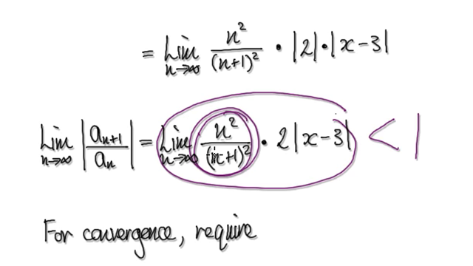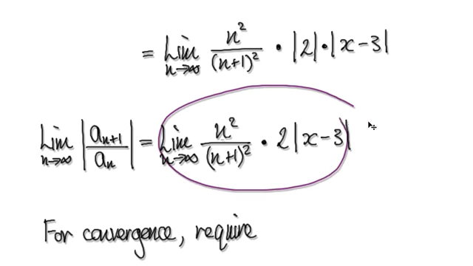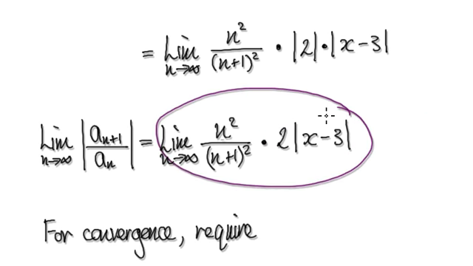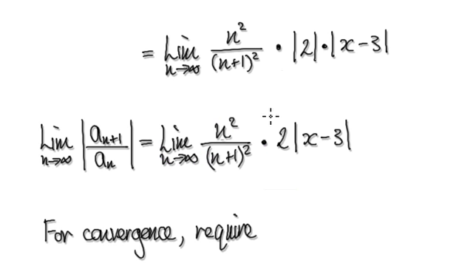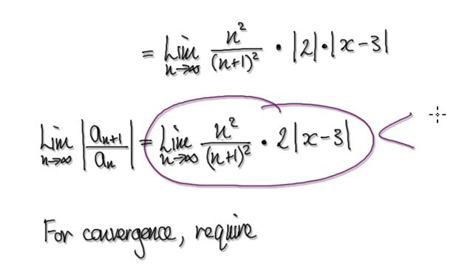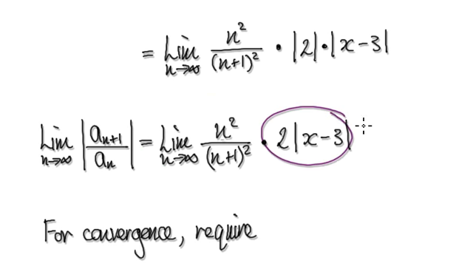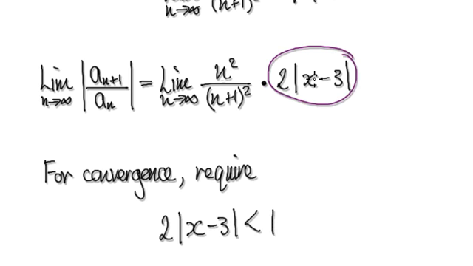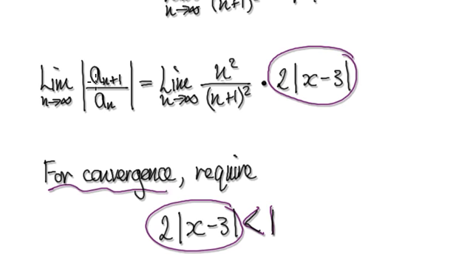But because the limit of this is going to be 1, then for this whole thing here to be less than 1, we just need to require this to be less than 1. You see, if this thing here is less than 1, then the whole thing here will automatically be less than 1 because the limit of this will be 1. So for convergence, we just require this bit to be less than 1.